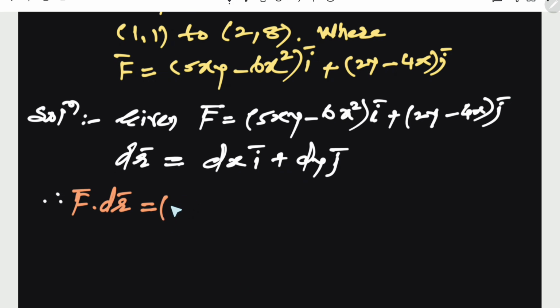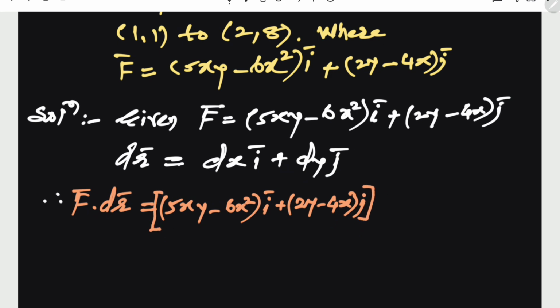Therefore, we have two vectors, f bar and dr bar. Then we find the dot product of f bar dot dr bar as a1b1 plus a2b2. Therefore, it is 5xy minus 6x square into dx.